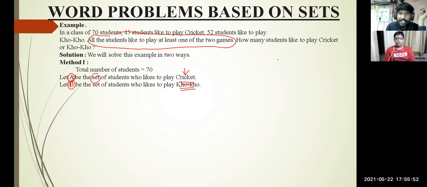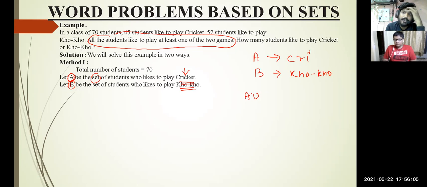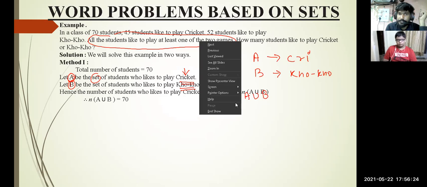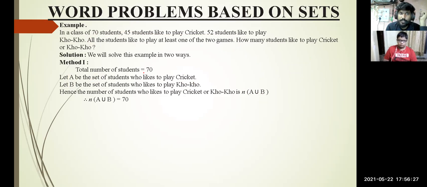So if A is the set of students who play cricket, and B is the set of students who play Coco, then all the students in the class would be A union B. And how many students are there in the class? 70. So N of A union B will be 70. Up to here, is it clear?